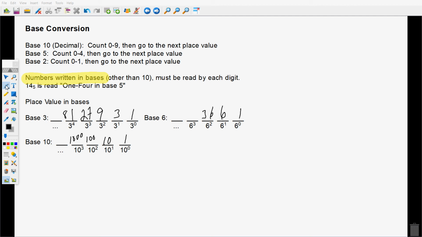If you look at other videos, sometimes they might write the literal word. That's fine. If you want to use the digit for the base, I'm okay with that as well. But when you see 14 in base 5, it must be read digit by digit. You cannot say fourteen base 5, because fourteen represents a decimal or base 10 number. And for base 5, no digits can exceed the number 4 itself.